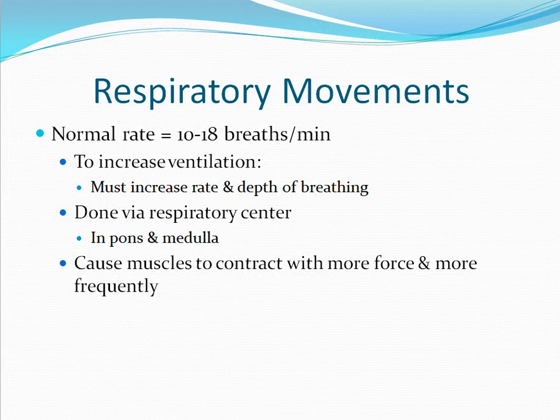To increase ventilation, or to increase the total volume of air we inhale or exhale, we must increase the rate and the depth of breathing. This is done through respiratory centers that are found in the pons and in the medulla. These will cause the muscles to contract with more force as well as more frequently.